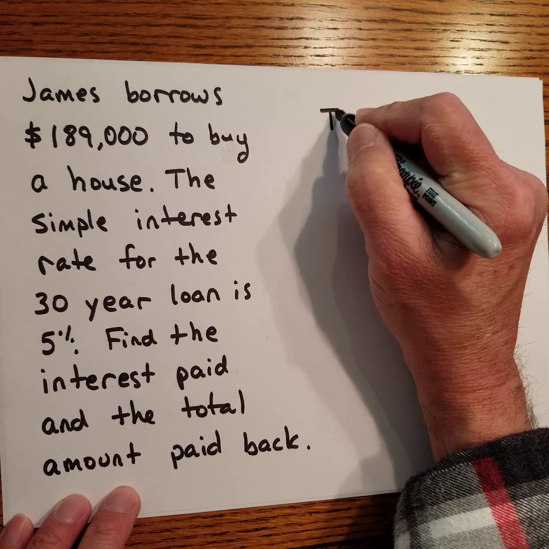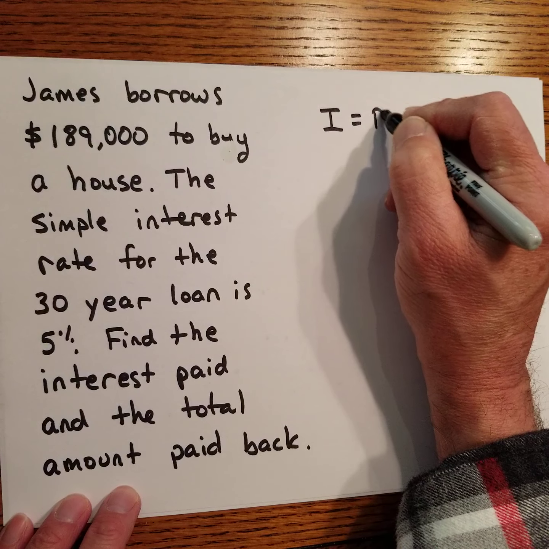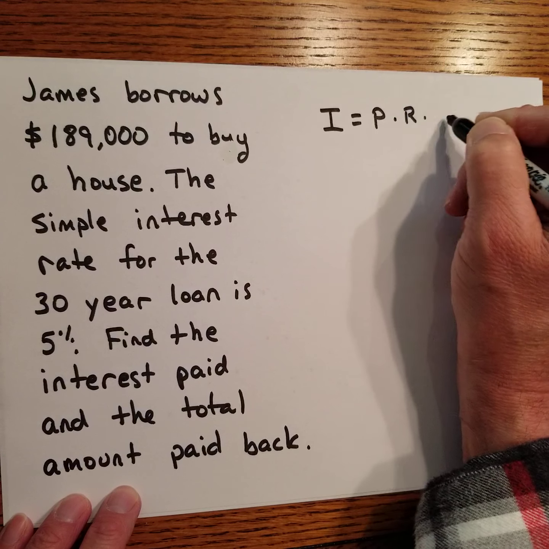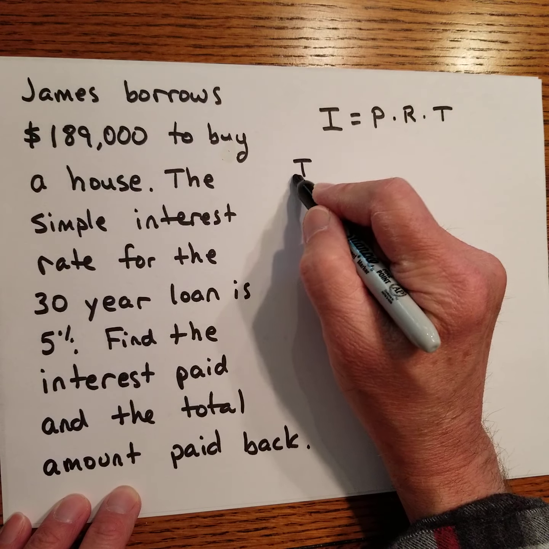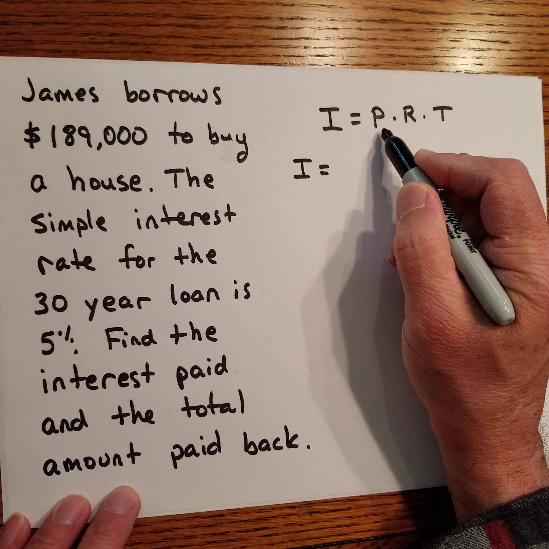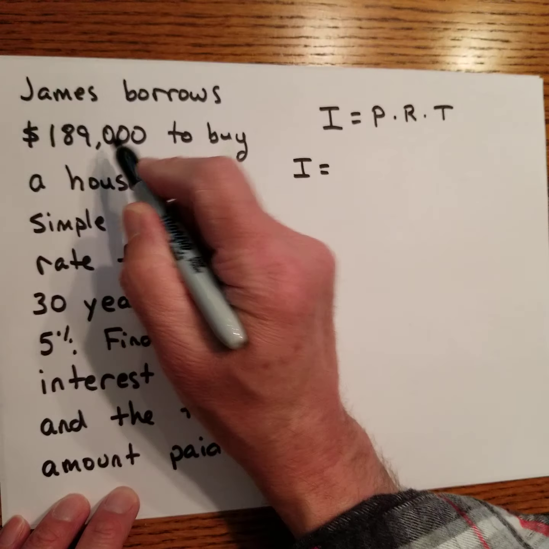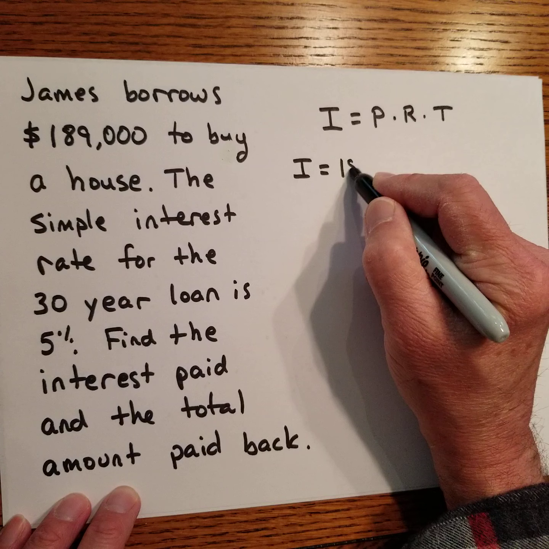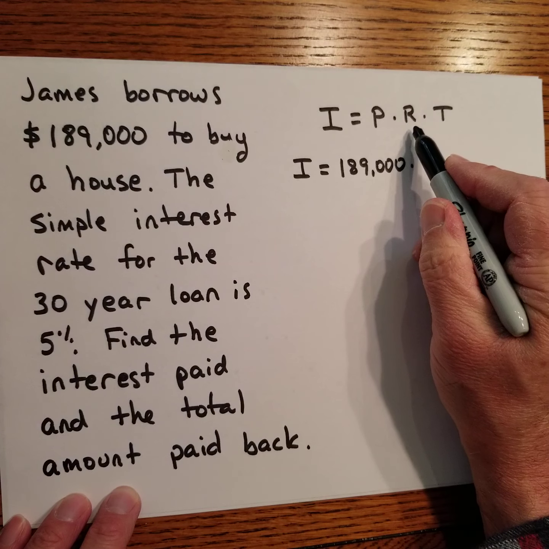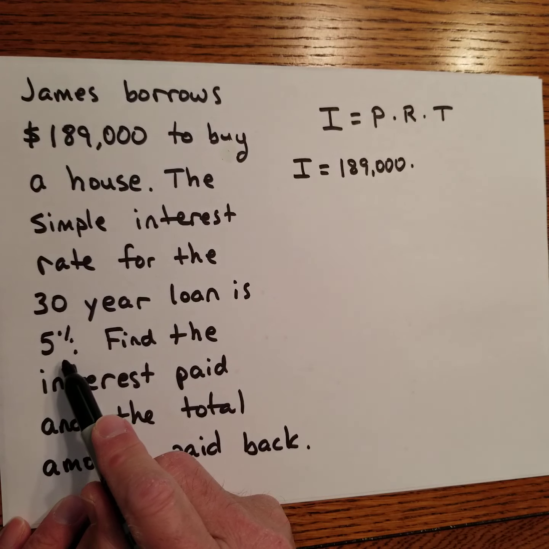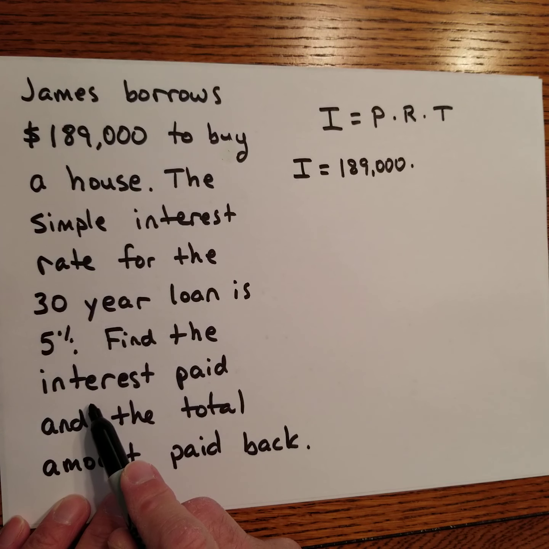Here's my formula. It's interest equals principal times rate times time. Principal is the amount of money that James borrows. He borrows $189,000. Rate, that's the percentage of interest charged.